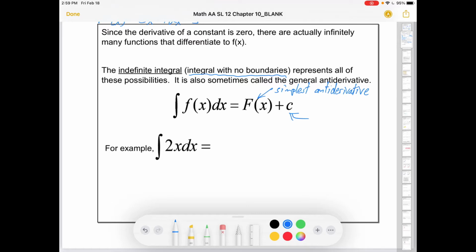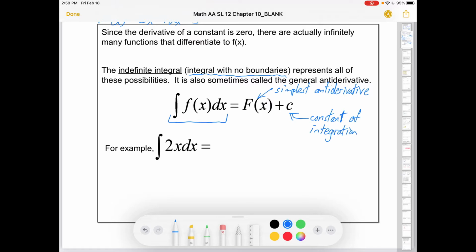It's the constant that comes from integration, which is the process of finding this antiderivative. And so a constant that comes from integration is called, wait for it, the constant of integration.